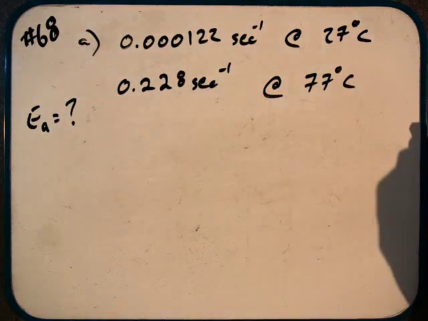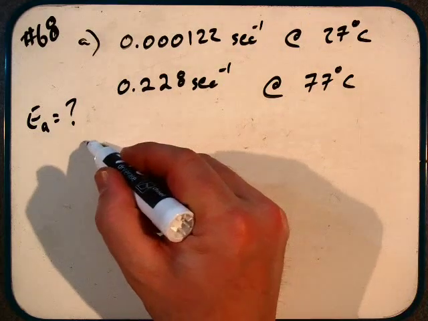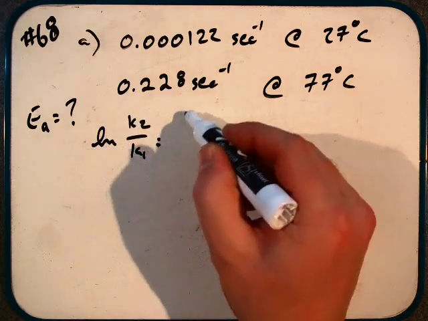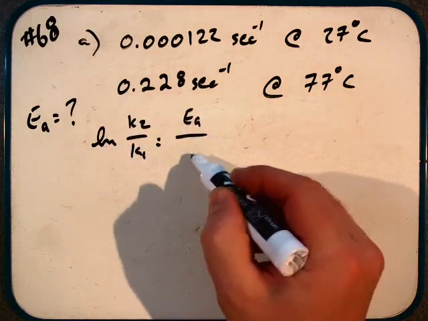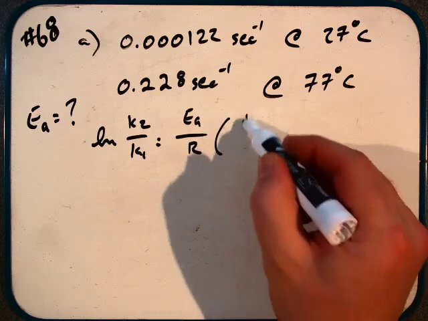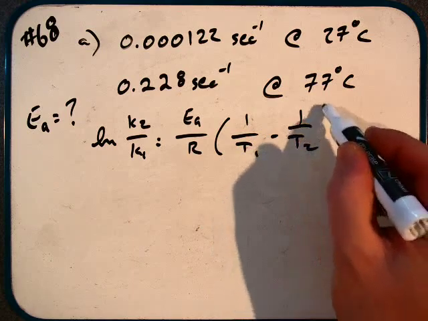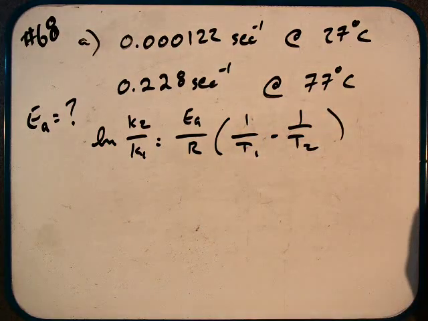So anytime we're looking at getting the activation energy, we have to use the Arrhenius equation. And so the Arrhenius equation would be the natural log of K2 over K1 is equal to our activation energy over R times 1 over T1 minus 1 over T2.